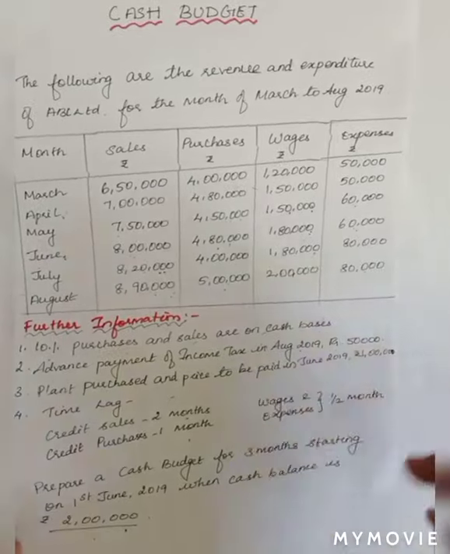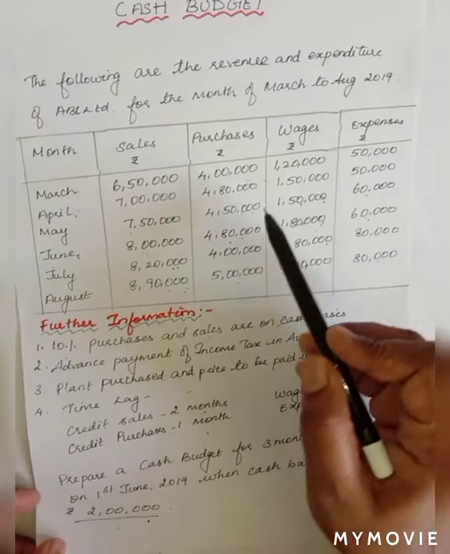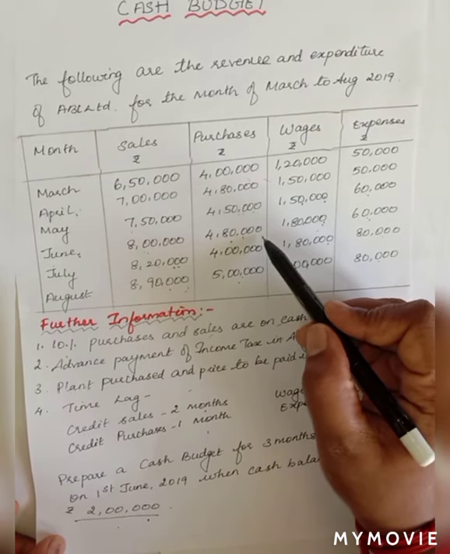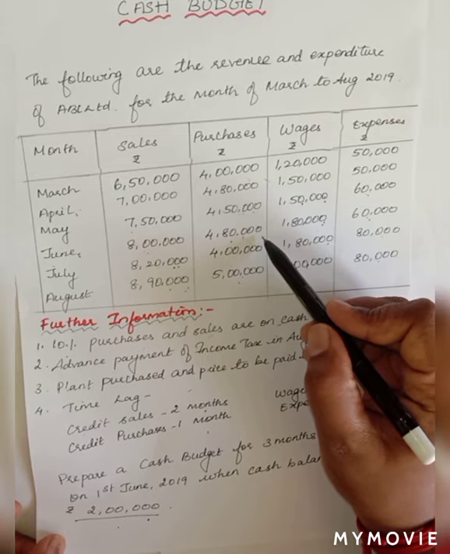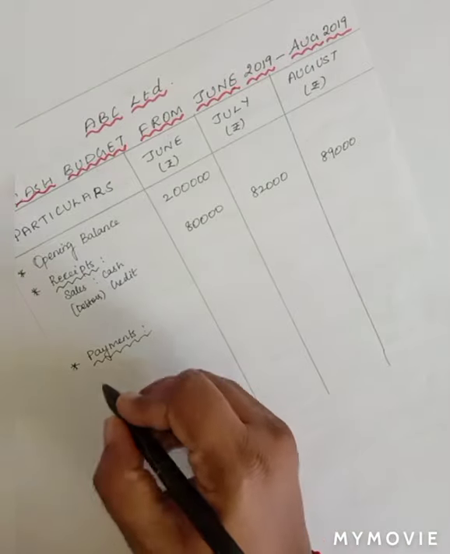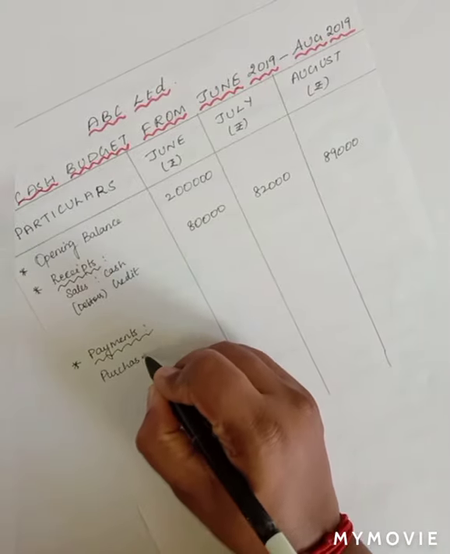Okay, now we'll come to purchases. Again for purchases it has been told that 10% purchases on the same date. So purchases in June you have done 4,80,000, which means 10% will be paid or should be paid in the month of June itself. So we'll write that. So purchases, okay, that is a payment, right?